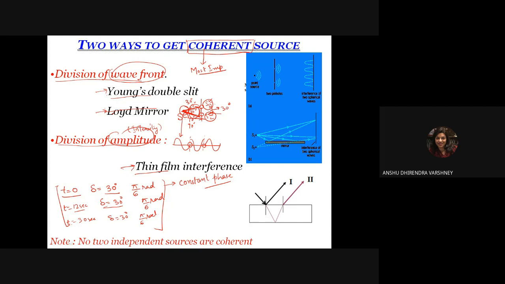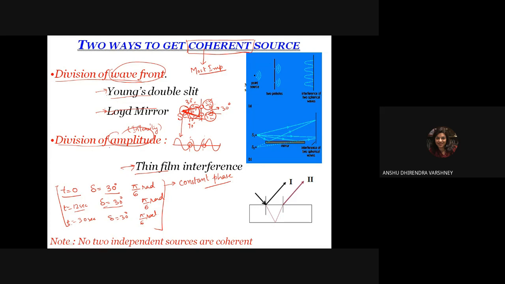Light is coming from just one source, but it is getting divided into two or more waves, and when they interfere, when they superimpose, some particular wavelengths sum up as a constructive wavefront.